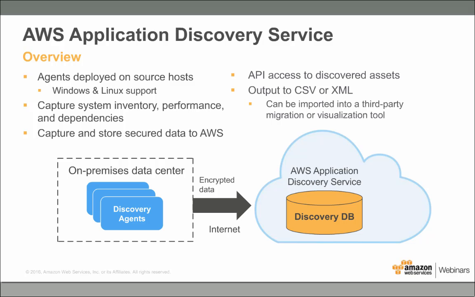The agent will then capture all the data that it is supposed to, such as system inventory, performance, dependencies, and populate a discovery database, which is a store running in AWS. Obviously, because it's transferring data from on-prem into AWS, there's a lot of security built around that. The data is 100% encrypted, both in transportation and at rest.